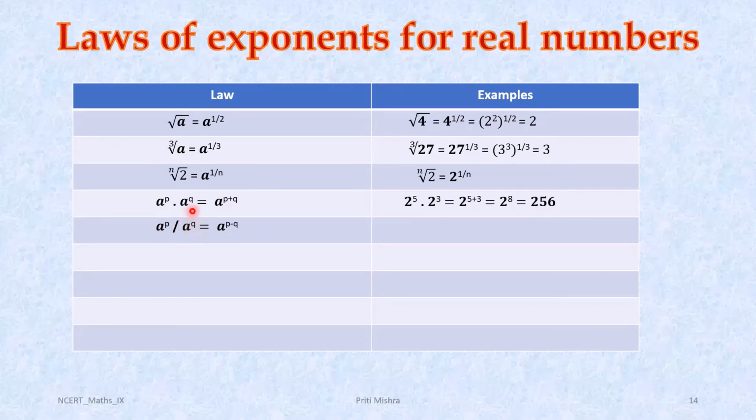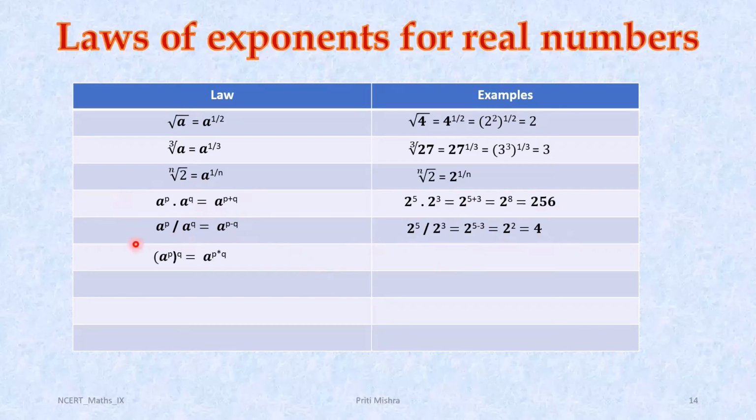So in the numerator it will be a to the power minus q, and then we apply the previous law to write a to the power p minus q. Let's have an example: 2 to the power 5 divided by 2 to the power 3 will give us 2 to the power 5 minus 3, that is 2 square, which is 4.